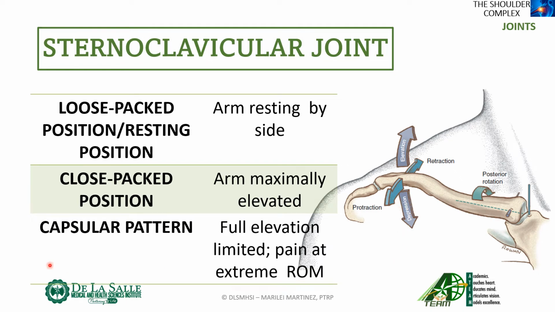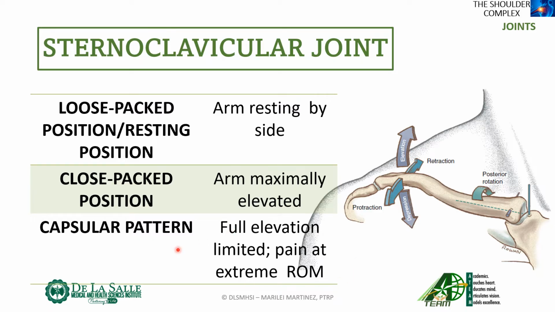Then lastly, we have the capsular pattern. The capsular pattern defines that if a pathological condition involves the entire joint capsule of a specific joint, it will present with a particular pattern of restriction. So please remember that particular pattern of restriction involves most of the passive motions of the joint.